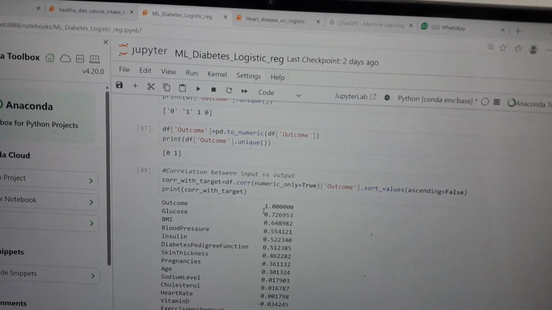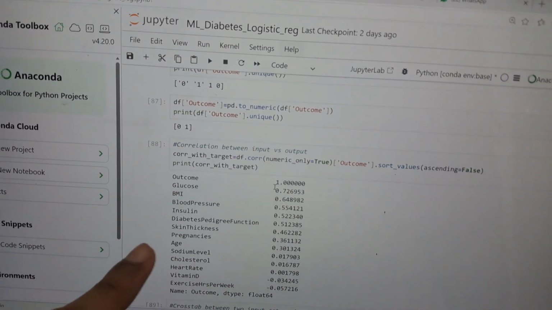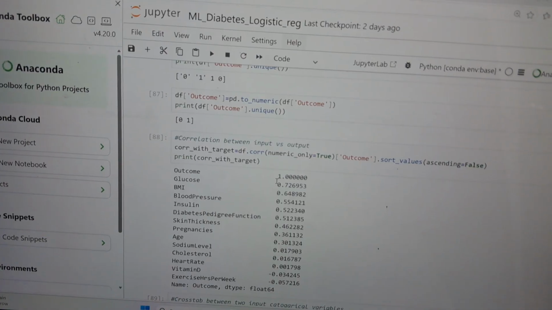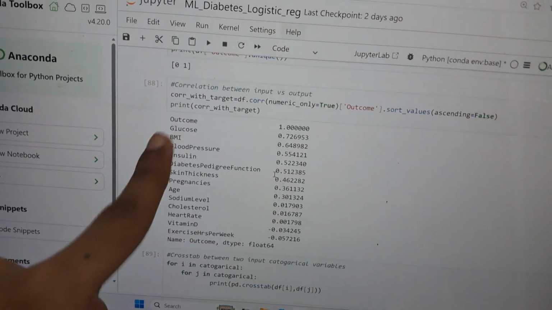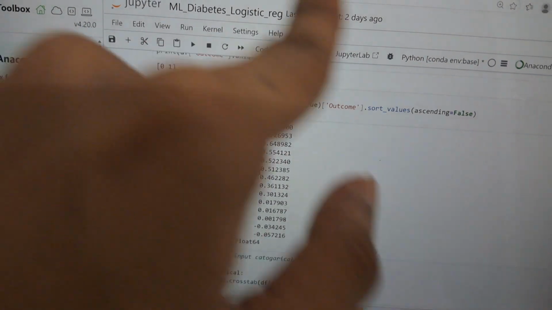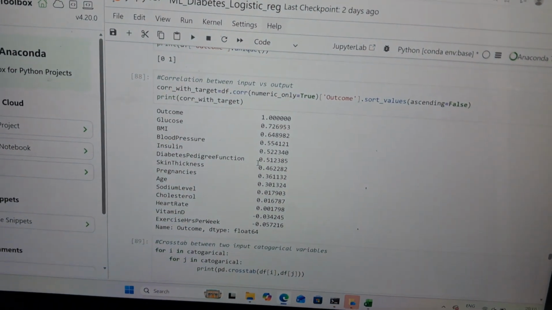But especially for health related data, even if it is less related, it's better to keep, because it might influence very little. Because your input should relate with the output, your input should influence the output. That's why the input versus output relation should be high, meaning near to 1.